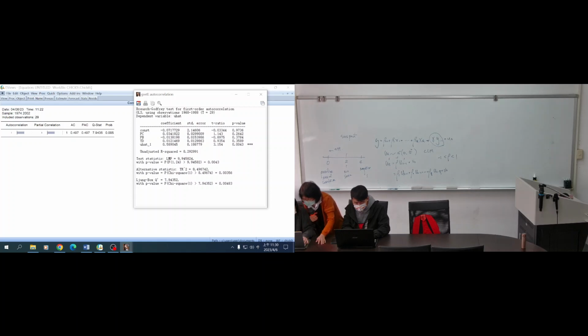Do this one again, Autocorrelation. If you put in two, this number will be the same as what you have here. Yep, this one, right?